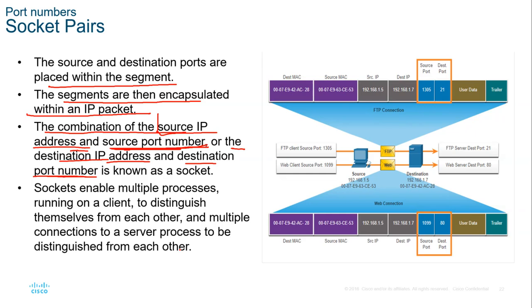So we cannot have multiple different ones to the same destination, that won't happen. But you can have multiple connecting to different destinations, like Gmail, Yahoo, WhatsApp, Facebook. You see that you have multiple sessions, but connecting to different destinations.